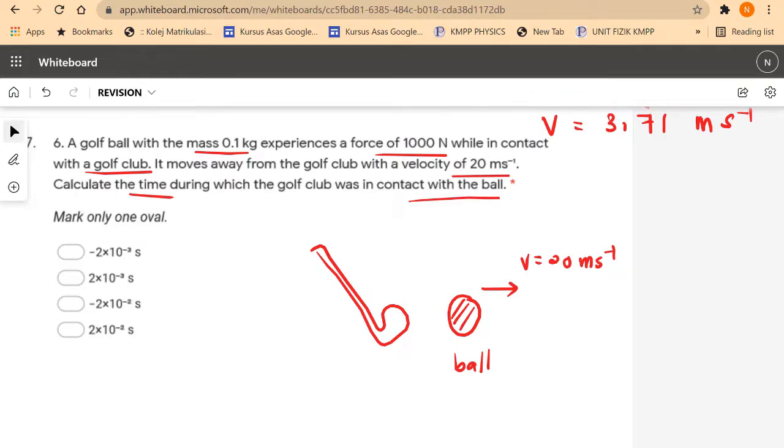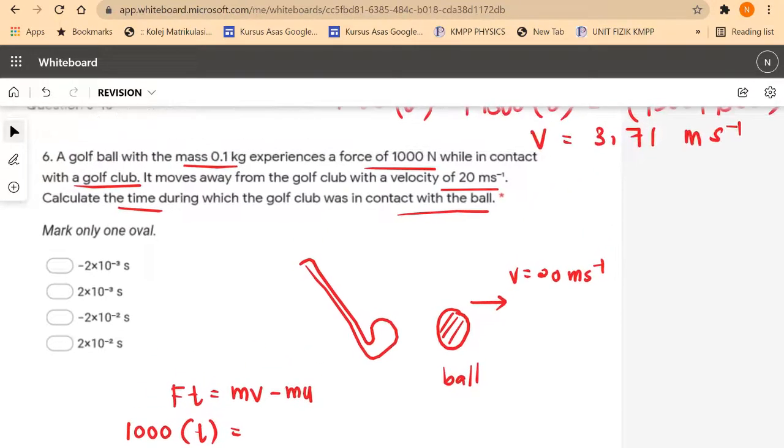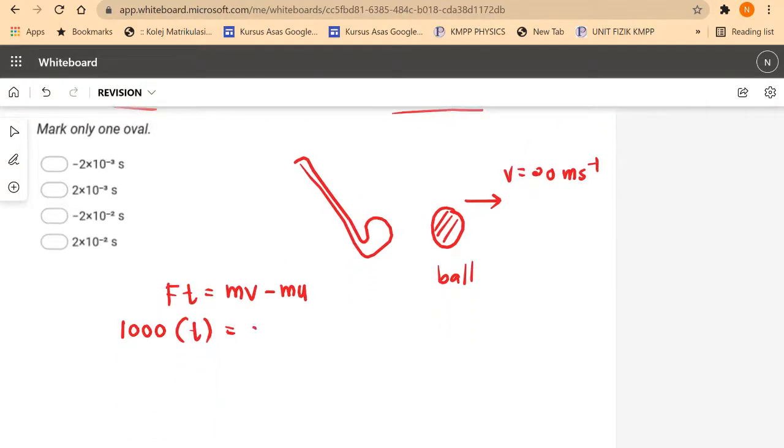So you can use the concept of impulse. Ft, impulse, equals change of momentum, mv minus mu. So substitute force 1000, and t is the unknown that you have to find, and then substitute the mass of the ball, which is 0.1.